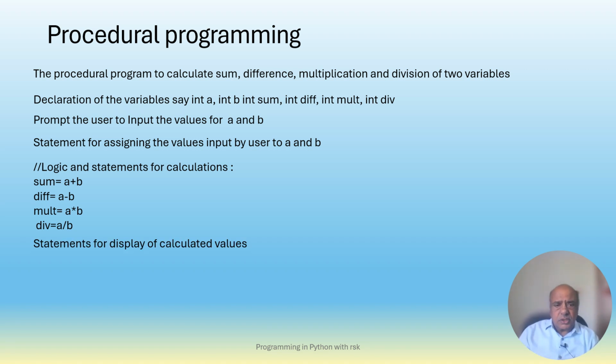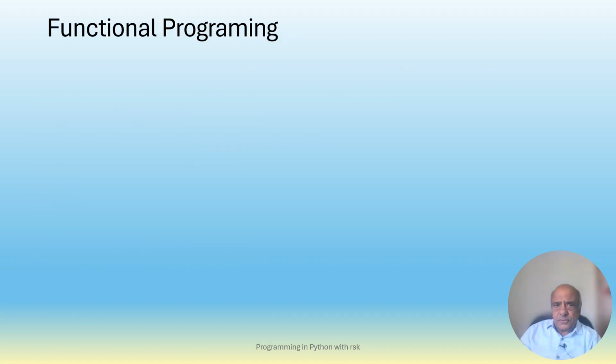Then statements for display of calculated values, such as print the values of A, B, etc. And the program ends. When the program ends, all the calculated values of the operations done on the two variables A and B will be displayed on the console.